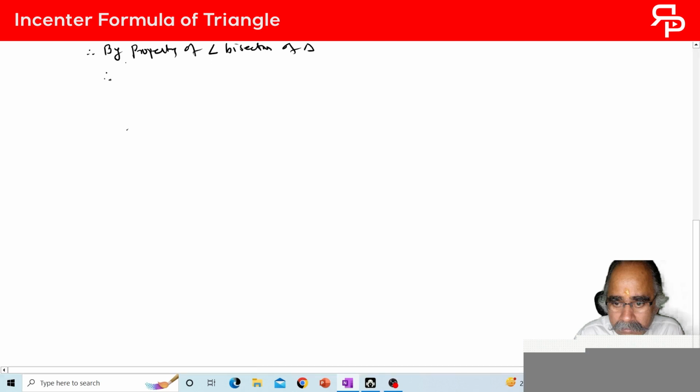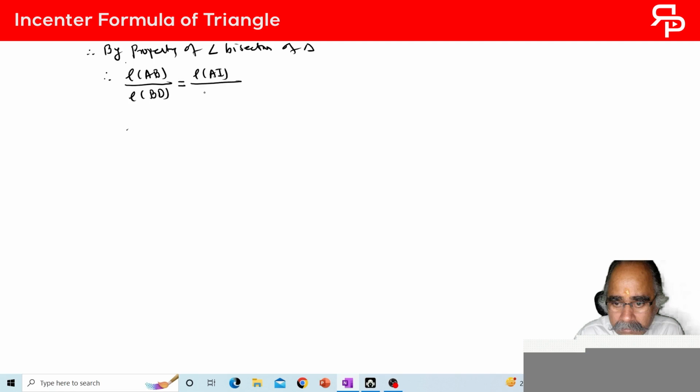Therefore, length AB divided by length BD, these are the two arms of angle ABD, is equal to length AI upon length ID.